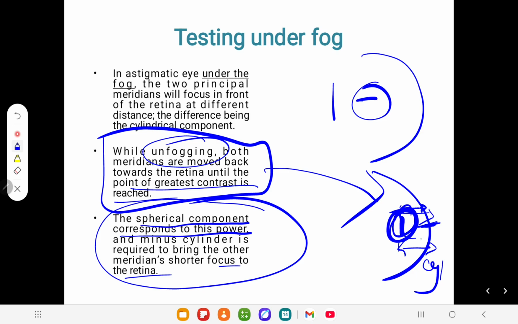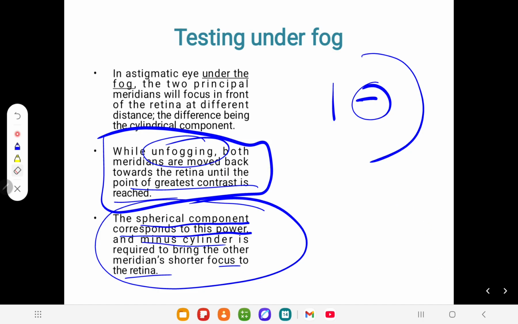Now you have to bring just this meridian to the retina without changing the other meridian. Then which lens can do that? It's a myopic meridian, so obviously minus cylinder can do that, isn't it? That's the concept of testing under the fog. I know I took time, but it's very important to understand this concept.